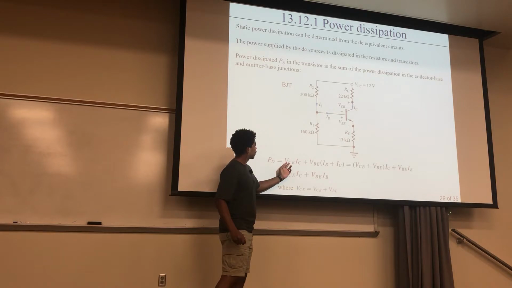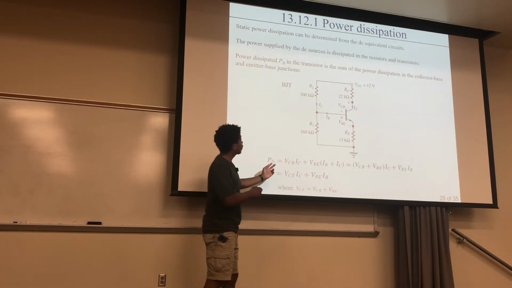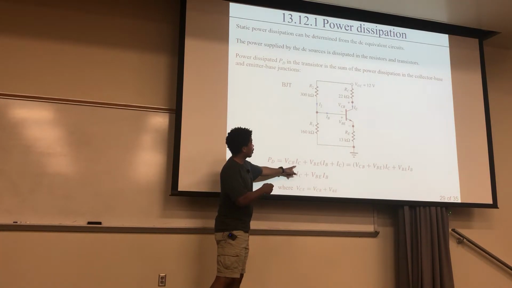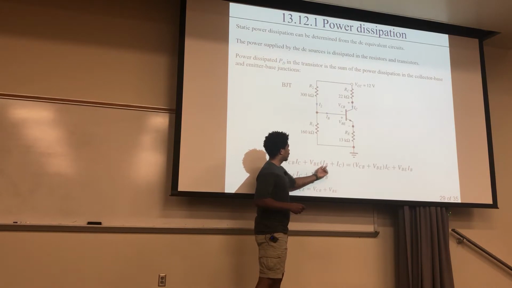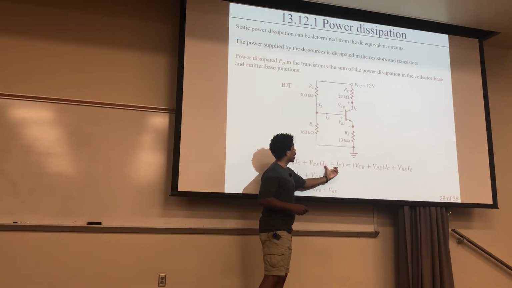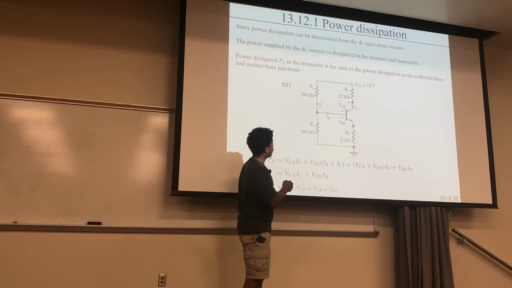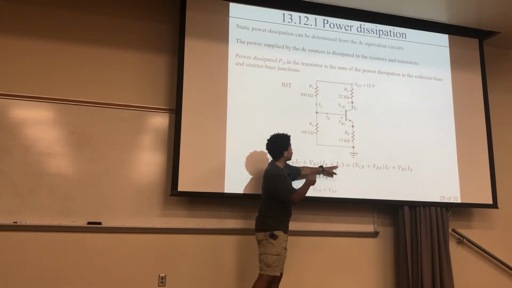So you have this V collector base right here, that voltage, multiplied by the current passing through that. And also VBE and the sum of the currents passing through that, which is your IB, and also this IC coming in here.